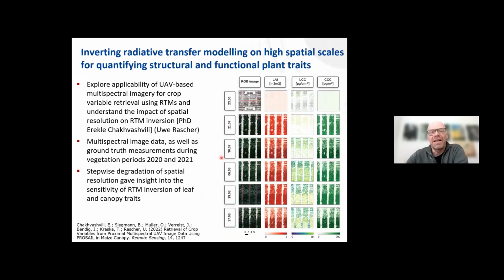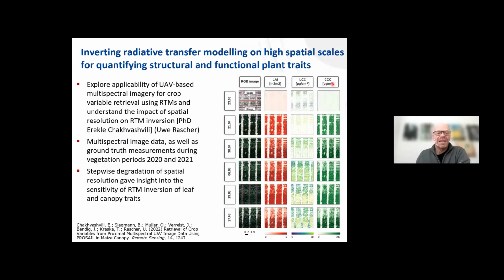In the next slide, I show you some images where he used this high resolution data, for example, to retrieve LAI, leaf area index, leaf chlorophyll content, or canopy chlorophyll content. Then with this, he went into an analysis on the tradeoff between spatial resolution and error in the single pixels.